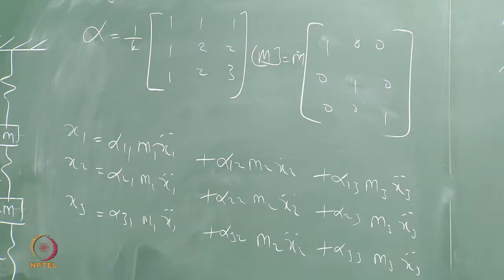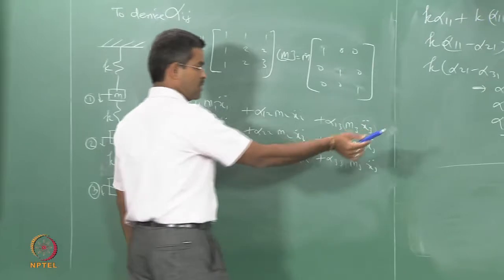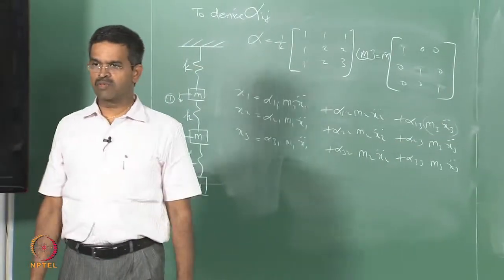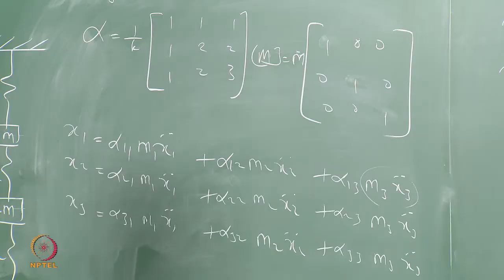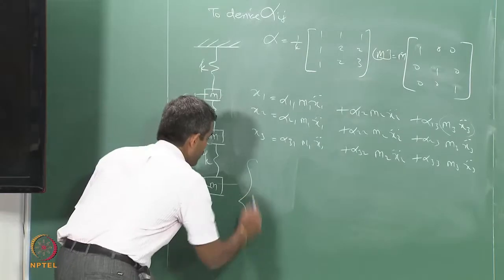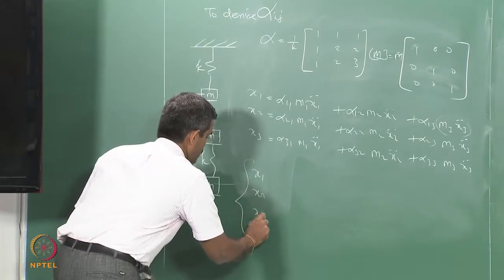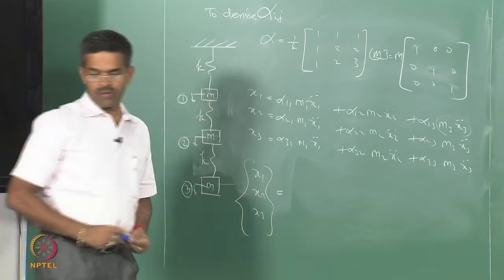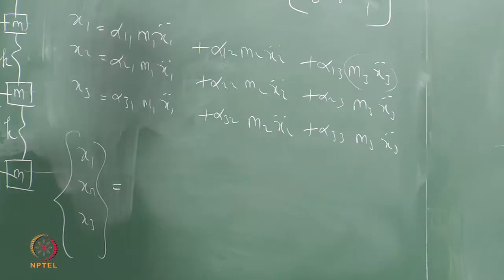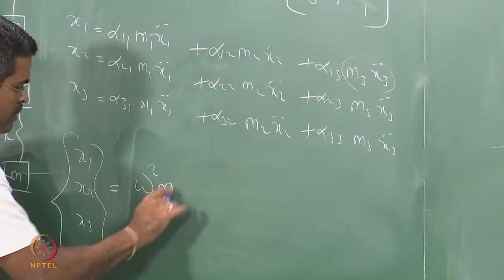That is the algorithm. Then I can replace the inertia force as an equivalent displacement force as omega square xi, I get a vector. I write directly the control matrix. The control matrix now is going to be x1, x2, x3, which will be equal to omega square m by k.